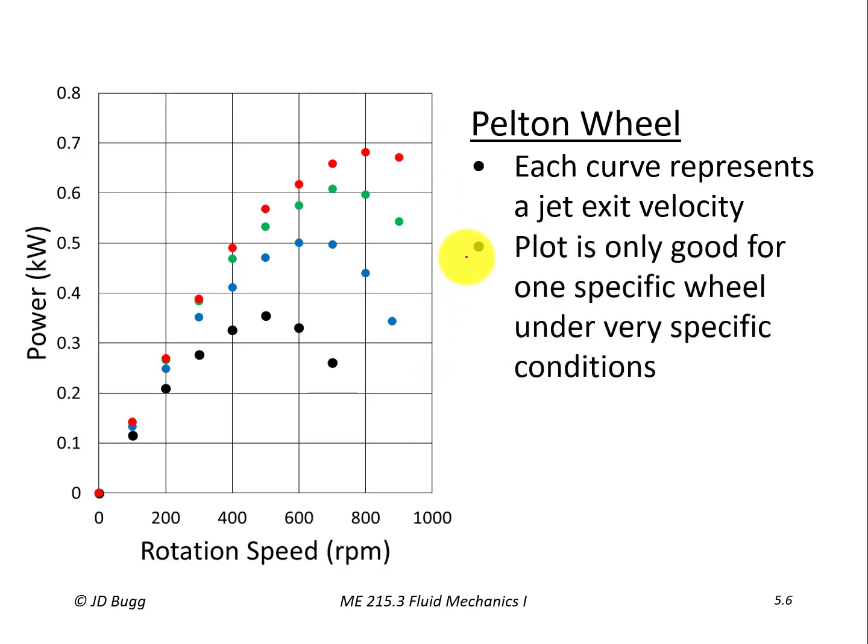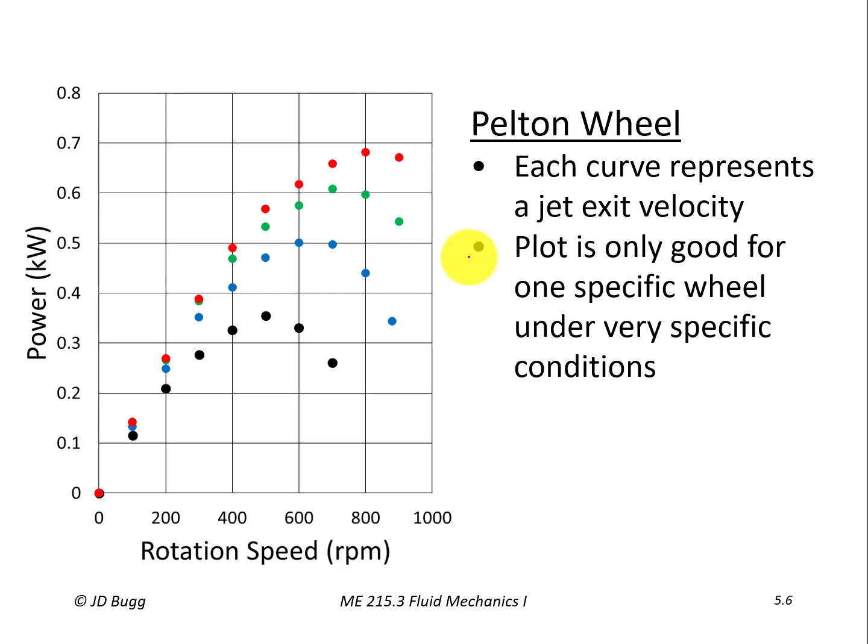So the thing about this plot, let's say we were just to stop here and say, well, here is our set of experimental results. If you want to know how this particular Pelton wheel behaves, this is what you need to look at. Well, that's all well and good for this particular Pelton wheel, but what if we wanted to look at a Pelton wheel that was of the same general design but was bigger or smaller?